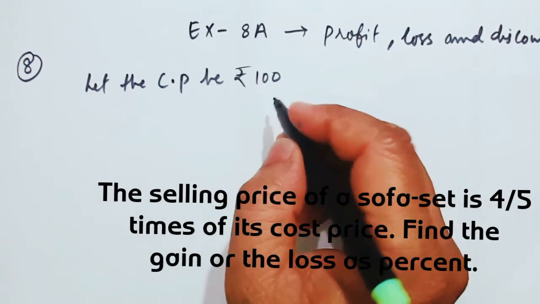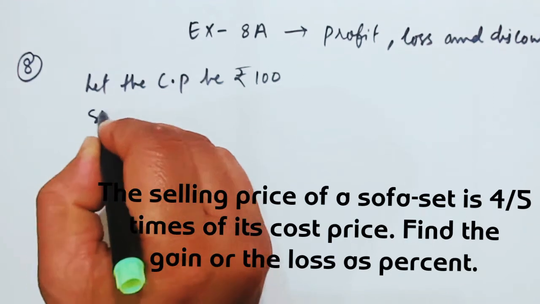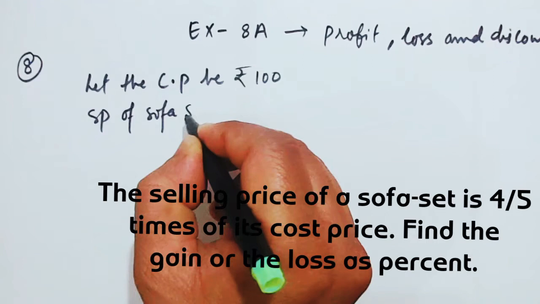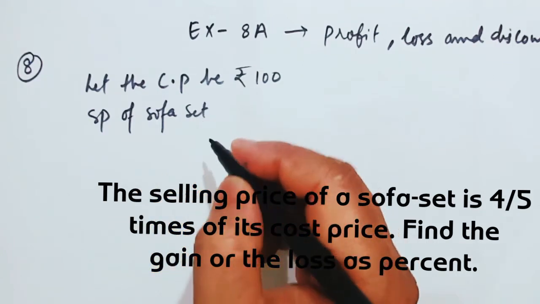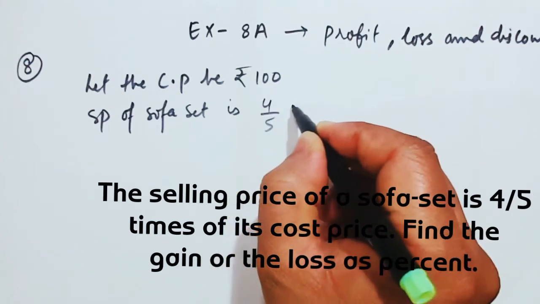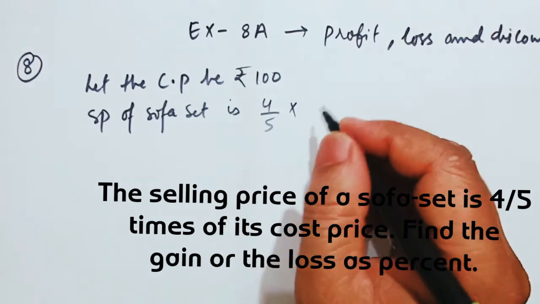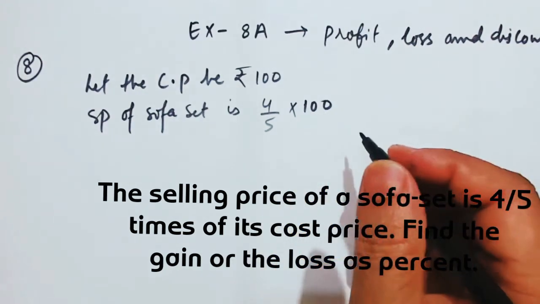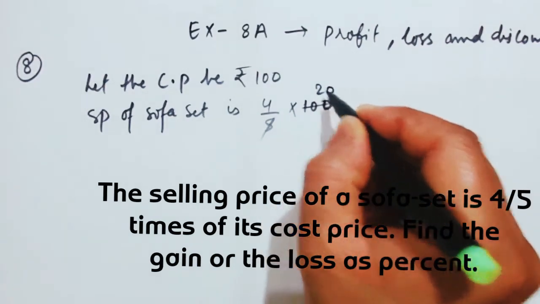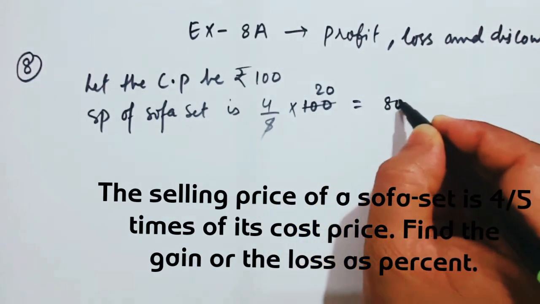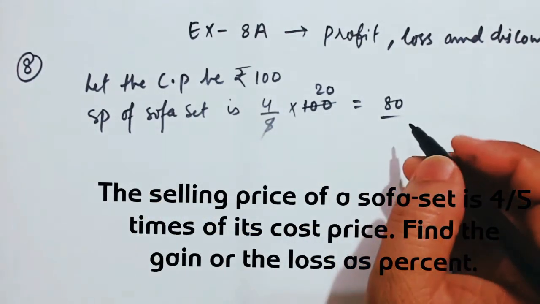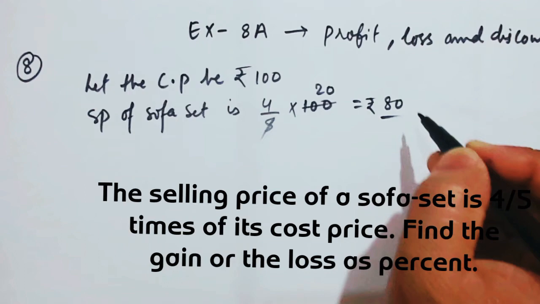The selling price of this sofa set is 4 by 5 times its cost price, that is 100. 4 5s are 80. So the cost price is 100 and the selling price is rupees 80.